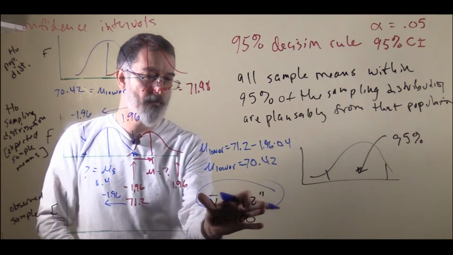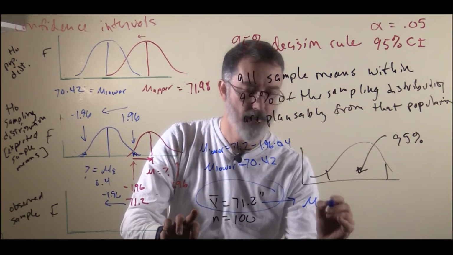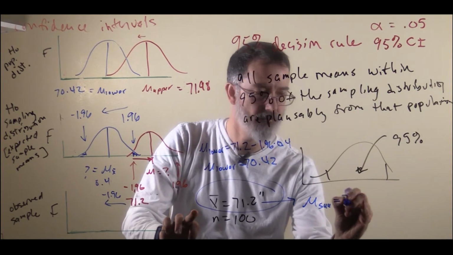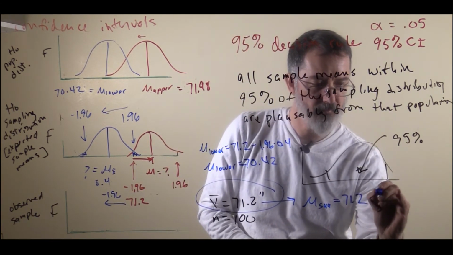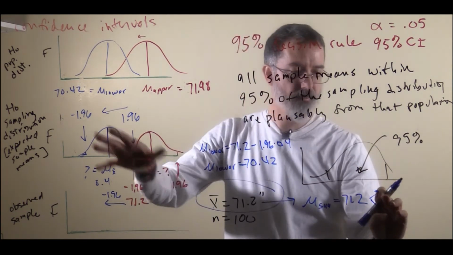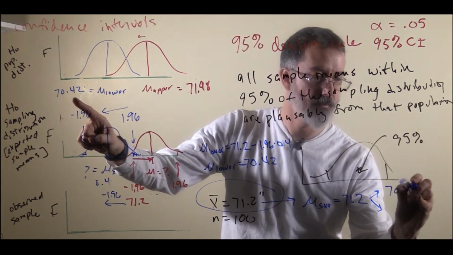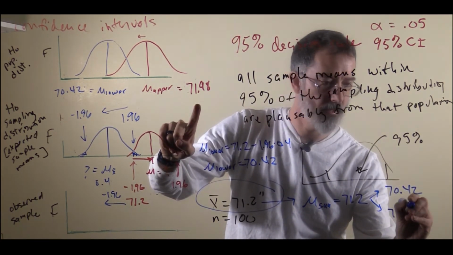It's not a point estimate. Our point estimate of the population mean for SUU students is 71.2. And then our confidence interval, the range of plausible values given random sampling, would be 70.42 inches and 71.98 inches.